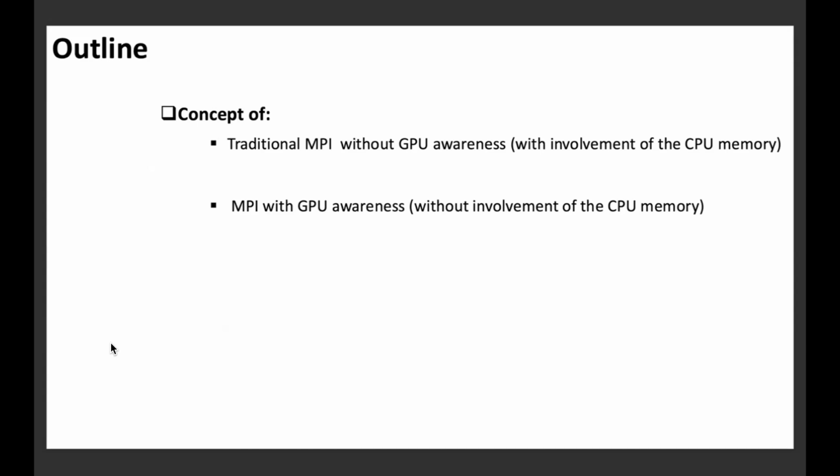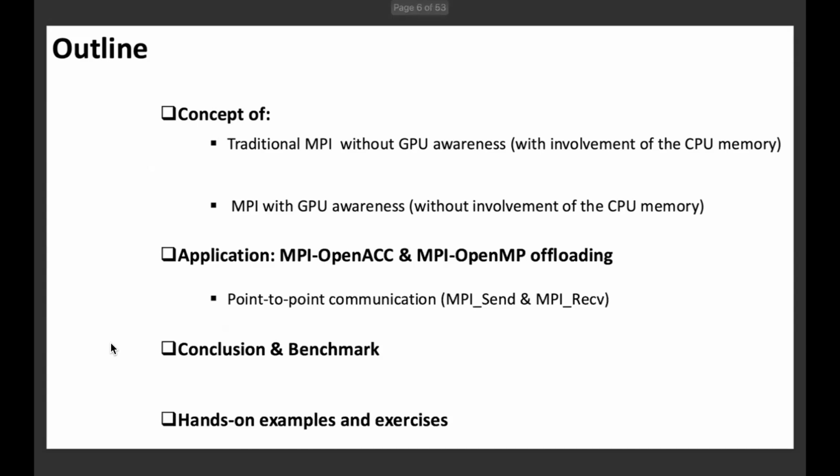And we will see some examples covering these two concepts. The examples in terms of MPI will be focused on point-to-point communication, mostly sending data between a pair of processes. And there will be some hands-on examples and exercises at the end.